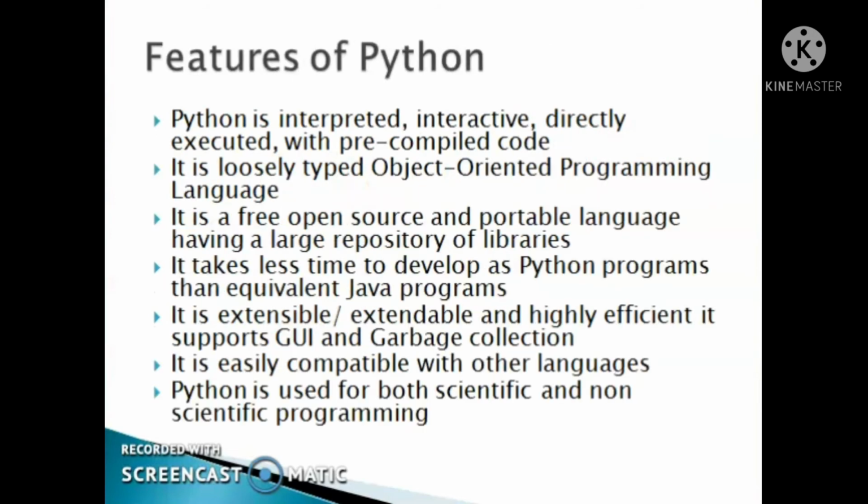Features of Python. Python is an interactive, interpreted language with simple syntax. It has become increasingly popular because of its salient features, which are listed here. Python is interpreted, interactive, and directly executed without pre-compiled code.